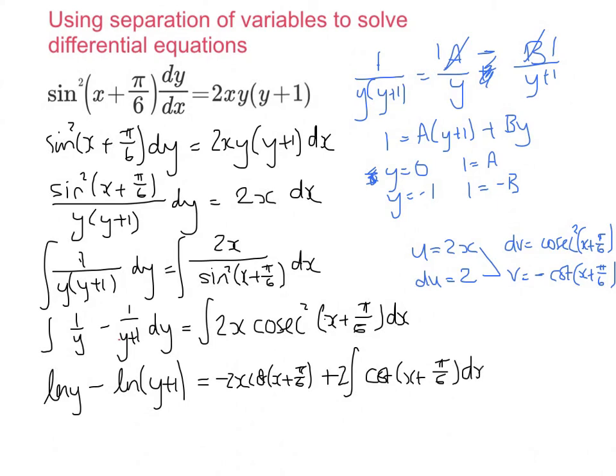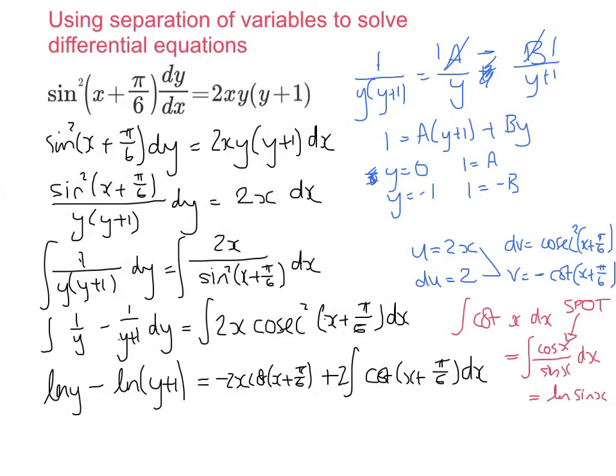Now you might be saying, but what's the integral of cot? But the integral of cot, well, that's just spot the dog. The integral of cot x dx is the integral of cos x over sine x, and there you're spotting the cos x on the top, so you can see that this has come from ln sine x. Derivative of sine is cos, that's why it's on the top.